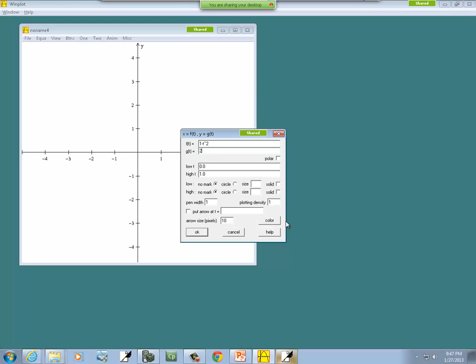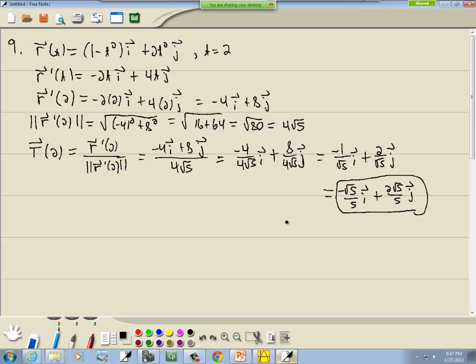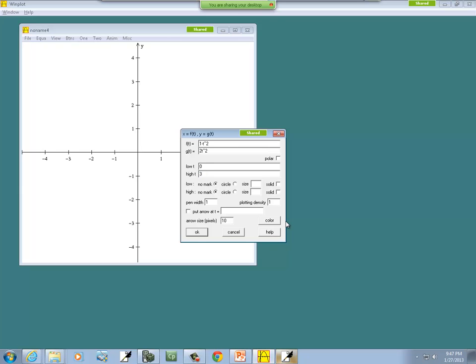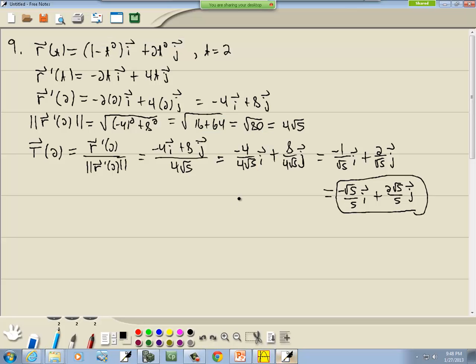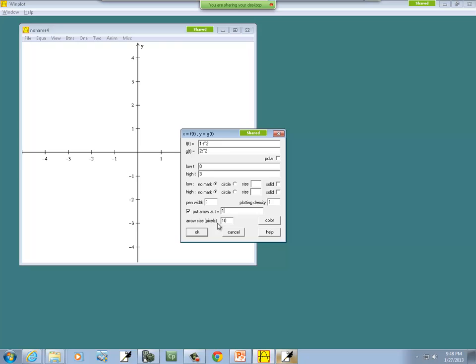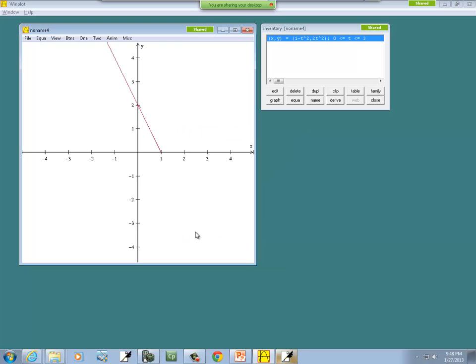Yeah, so 2t squared. Low t is 0, high t I'll put in 3. I'll put an arrow at 1 because we're looking at 2. And then I'll click OK.